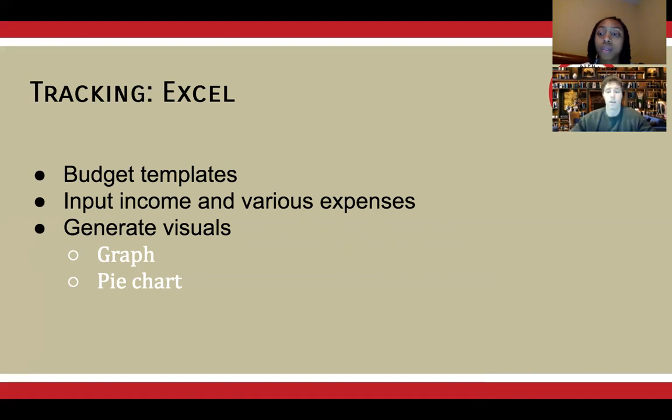You can put your income in and also have expenses for each bill, and you can list out all the bills that you have. So Excel is a really good program that you can use. When you input your income, you can add in more expenses if you need to. That's the variability with Excel. It's very flexible.